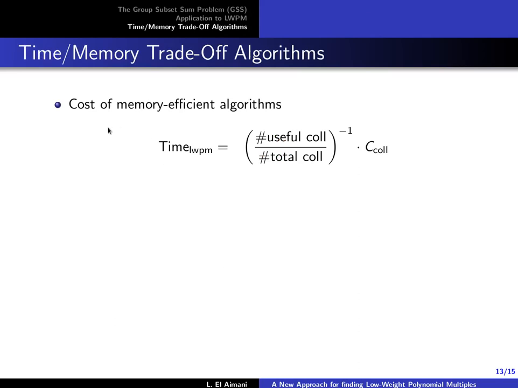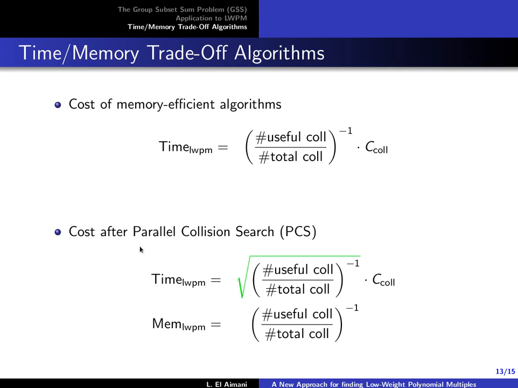Remember that the cost of our memory-efficient algorithms is as follows. It's a product of the time needed to find a useful collision and the cost of a collision. Fortunately, our memory-efficient algorithms allow for a time-memory trade-off thanks to the parallel collision search technique, which reduces the time cost to this quantity, so this term reduces by a square root at the expense of this increase in memory.